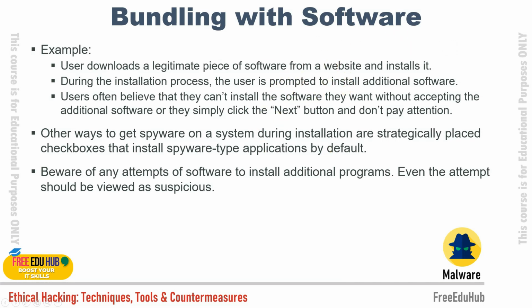Other ways to get spyware on the system is by strategically placed checkboxes to install the spyware when the application is running in its default behavior. Beware of any attempts of the software to install additional programs. When such an attempt happens, it should be reviewed, or considered as suspicious.